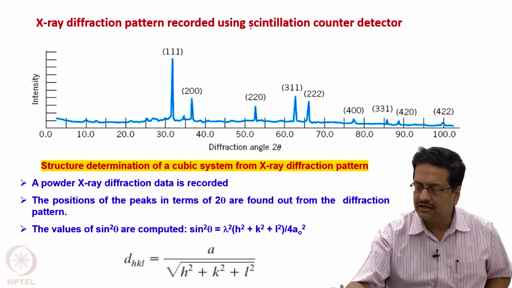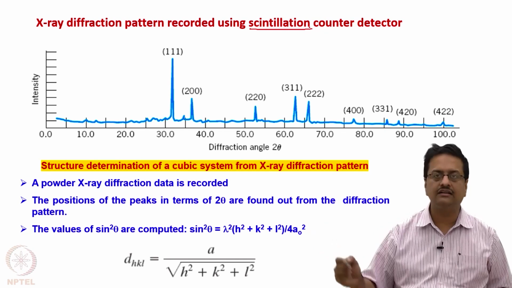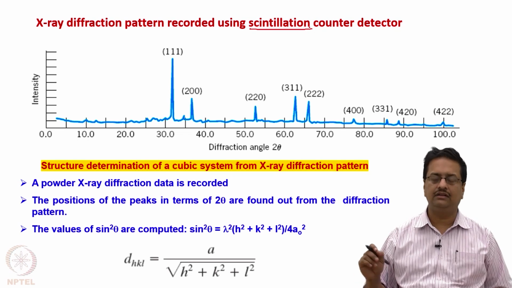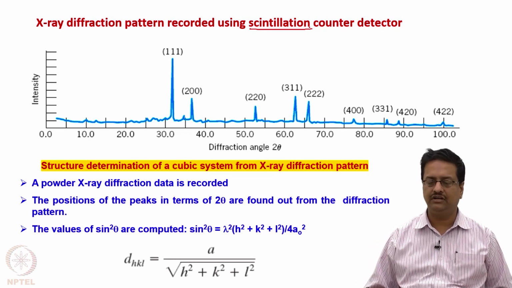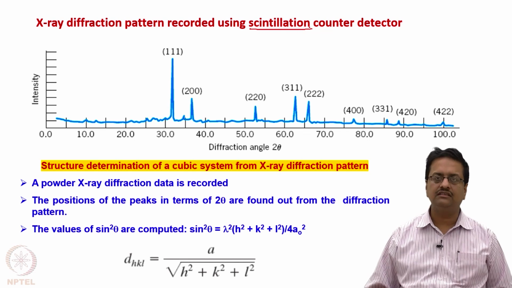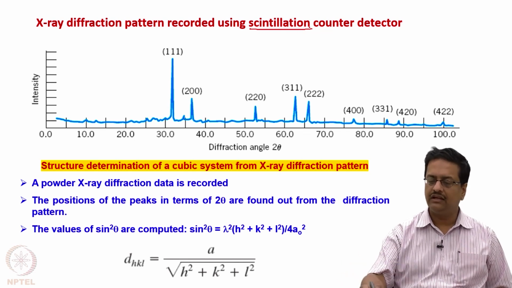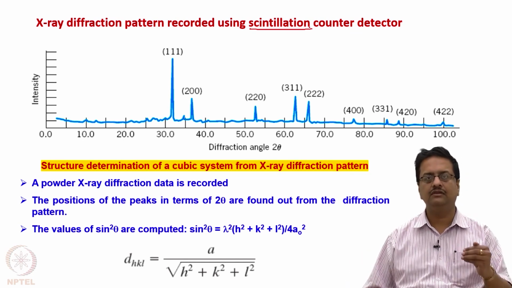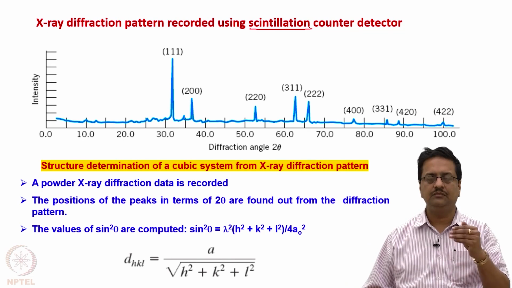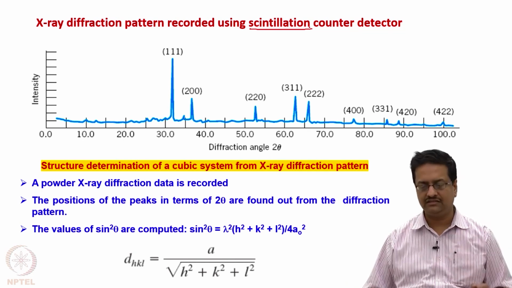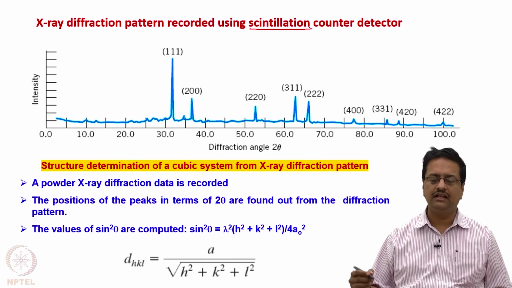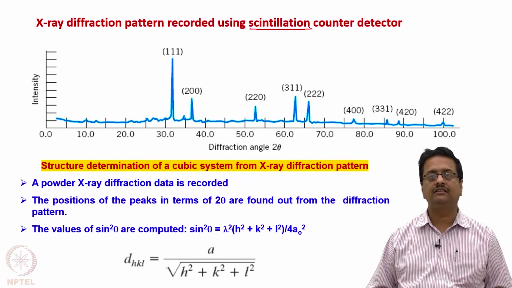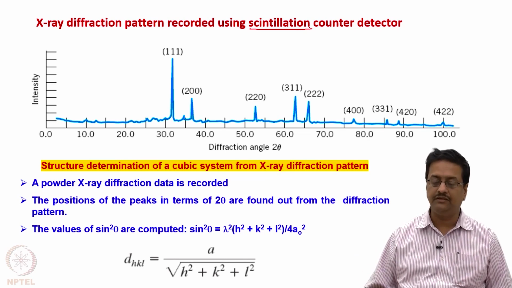This is data recorded using a scintillation counter detector, which is a point detector, and it detects only a 2 theta of a particular width at a given point in time. When we record this X-ray diffraction data, we get to see a set of peaks. These peaks indicate that at those particular d values at which Bragg's law is met, we see a diffraction, and wherever we don't see any peak, there is no constructive interference of those X-ray beams.